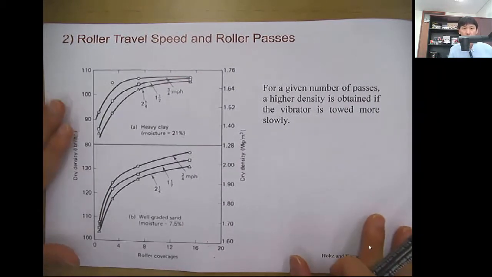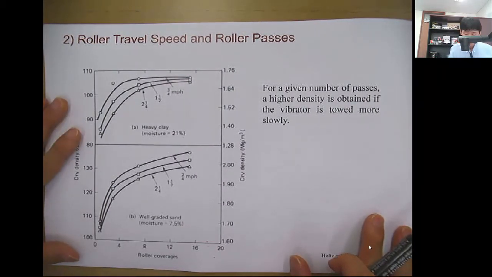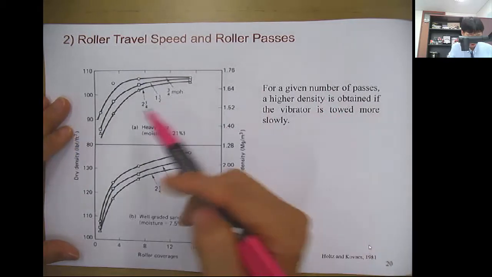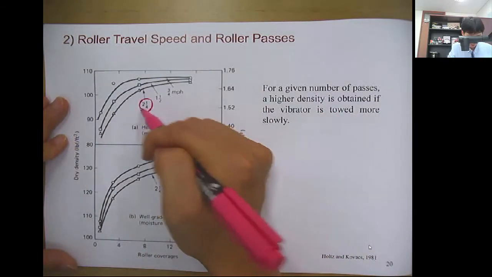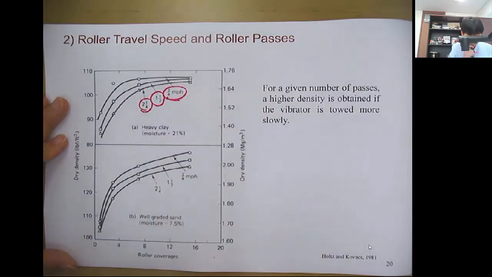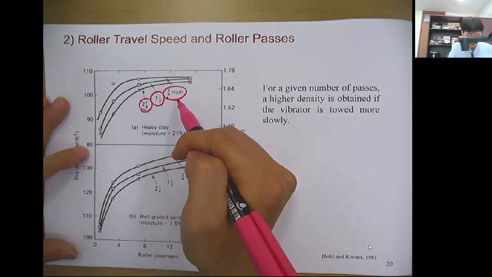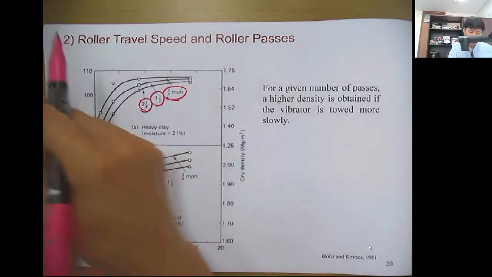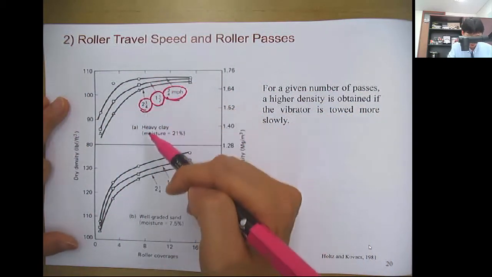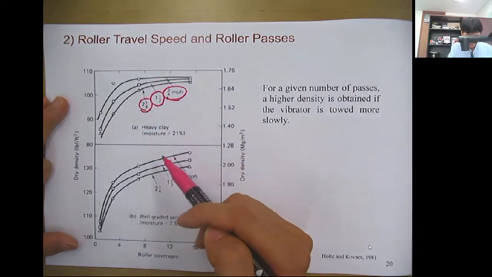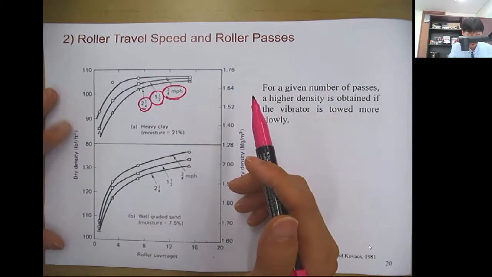And roller travel speed, or the towing speed, for a given number of passes. You can see roller coverage and the speed here. As you decrease the towing speed, so the roller moves slowly, you have a higher dry density for the same number of passes.